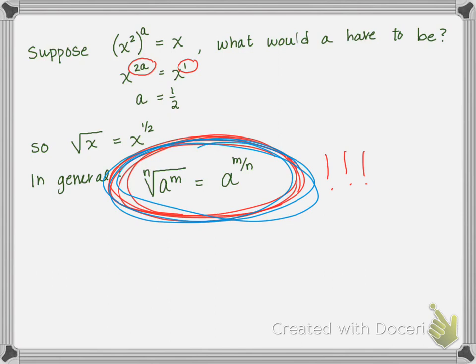Your homework is really just going back and forth between exponential form and radical form. If you can remember the index, well, you don't even have to remember it. You can just put that down in front of you while you do your homework. The index is the denominator of the exponent, and the exponent is the numerator of the exponent. So tonight you have my math lab and then a worksheet.